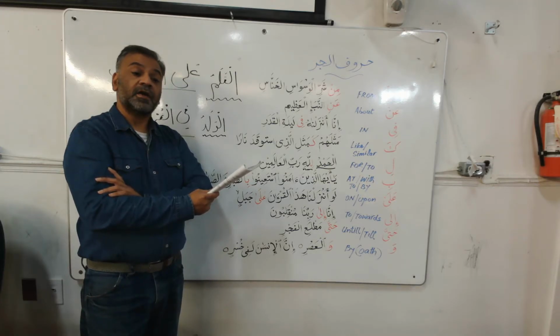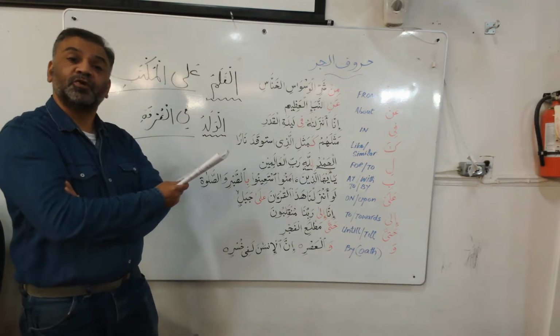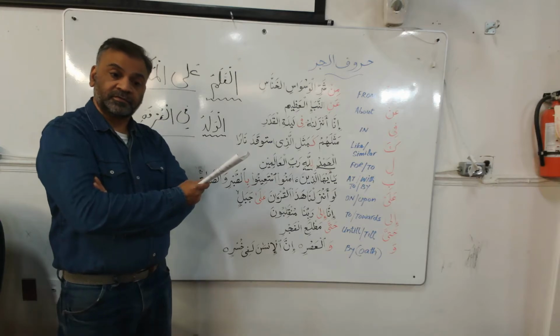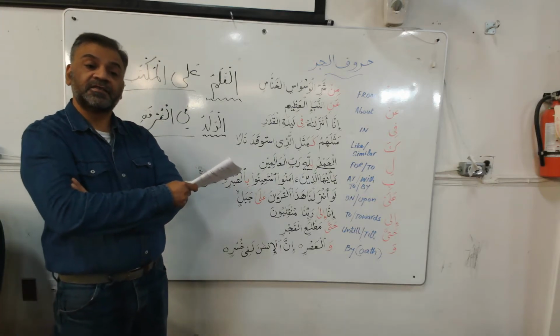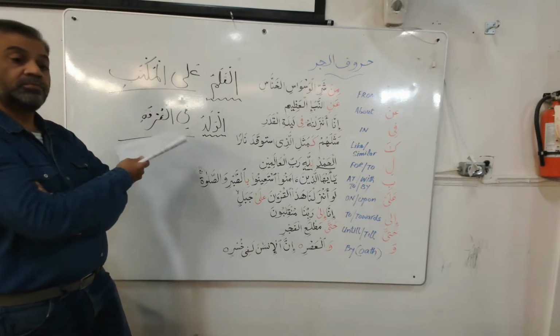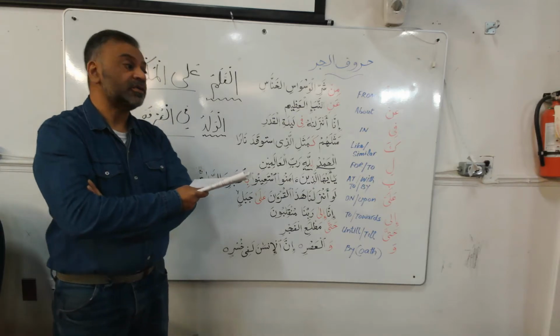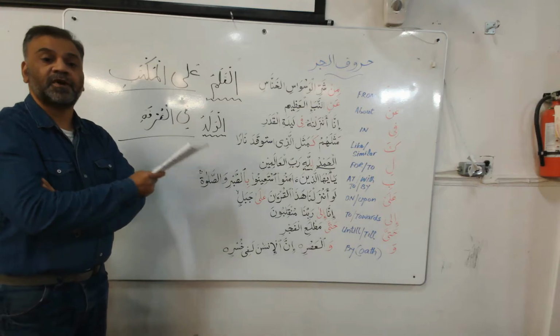Now, today we learned about jarun wa majrurun, shibu jumla, khabar, right? So let's say if I want to say al maktabu, the desk is in the room. I'll say al maktabu fil ghurfati. Now this is the second type of khabar.